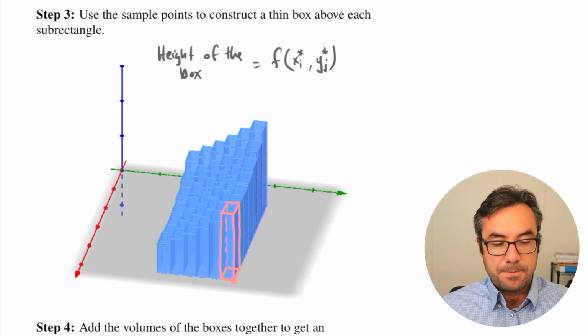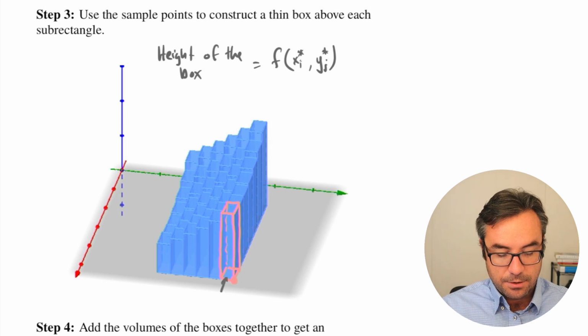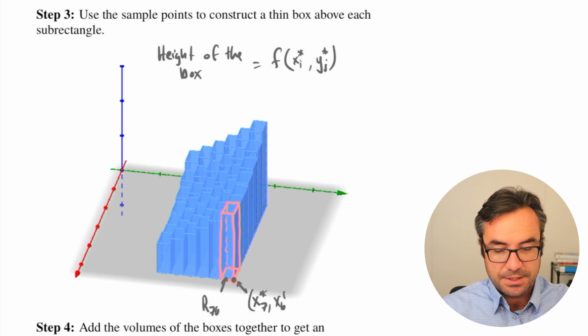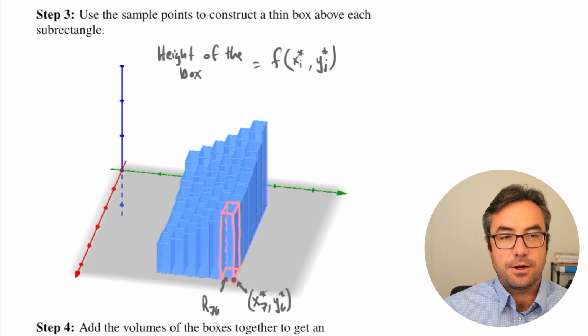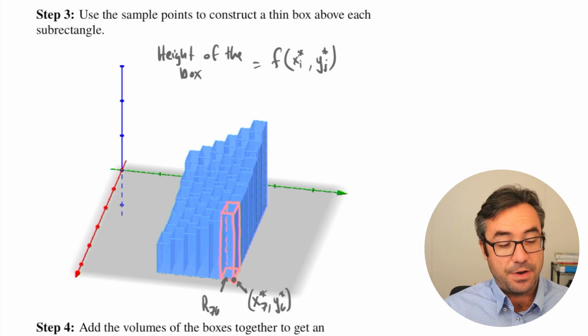And so we have our rectangle R7,6. We have our sample point here, which was x7 star, comma, y6 star.